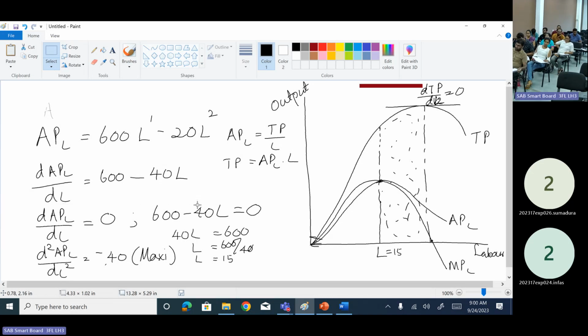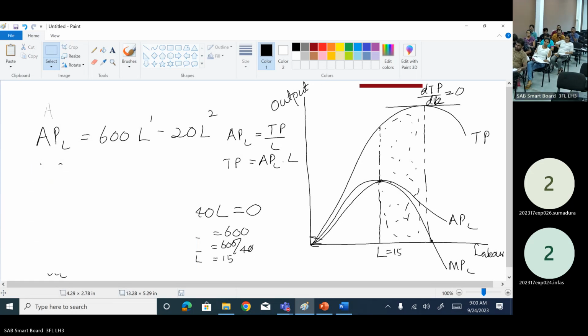Yeah, I will erase it. So the total production equals 600 L square minus 20 L to the power 3. Right?